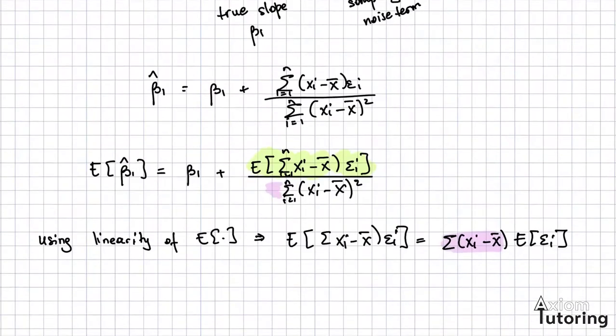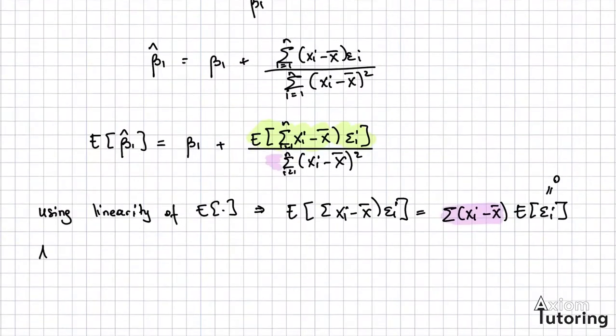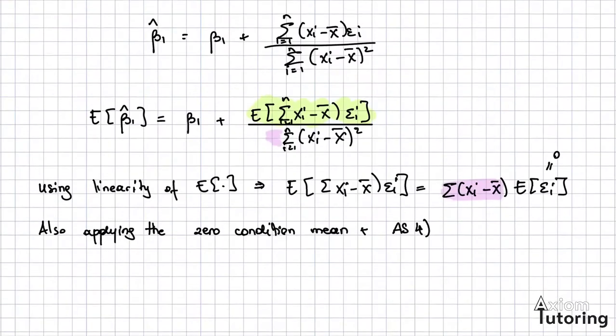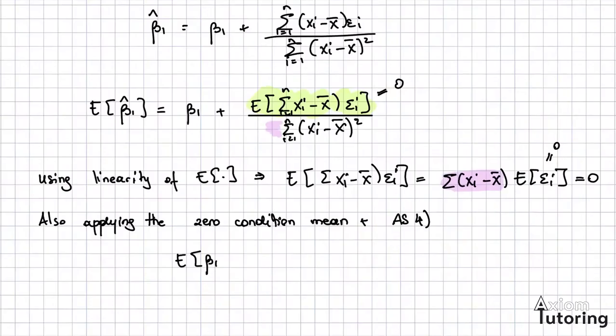At the same time, we also have from assumption 4 that these should anyways be equal to 0, but applying a zero conditional mean plus the random sampling, so assumption 4, we have that the entire expression here is going to be 0, which means that ultimately the expectation of beta 1 hat is equal to beta 1.